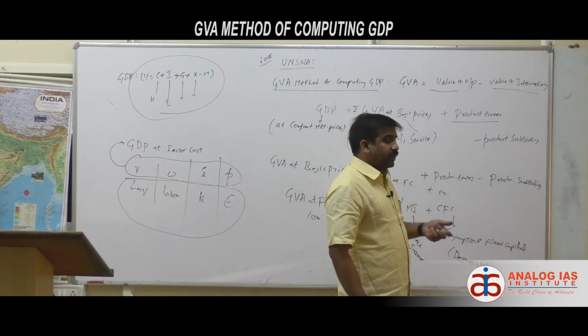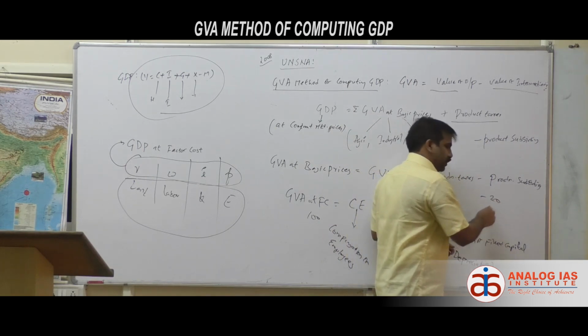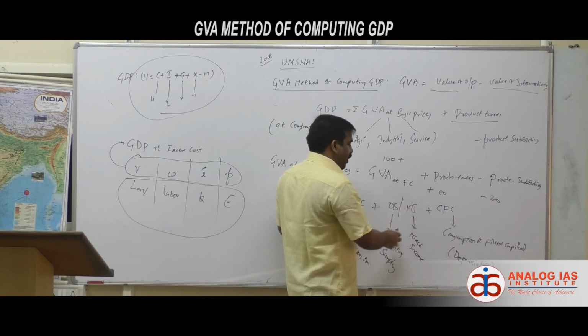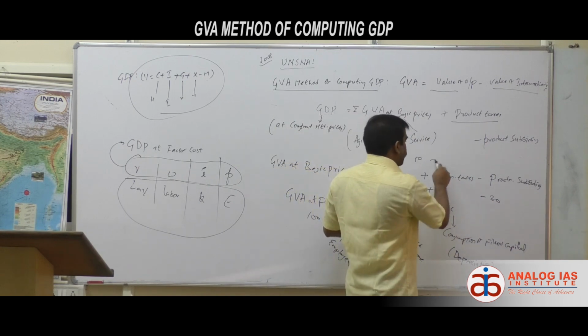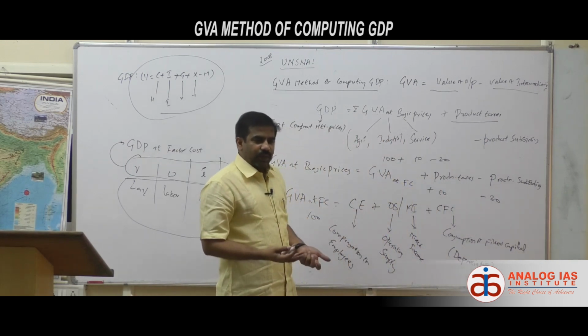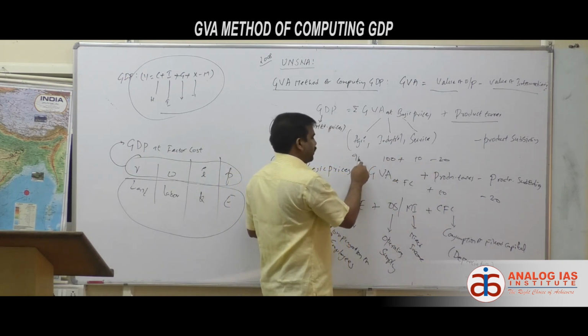But since I am in the business of producing petrol, the government might have helped me up to 20 rupees. So what really cost me is 100 rupees I spent on these people, 10 rupees tax paid and 20 rupees subsidy, isn't it? So what really cost to produce 1 liter is 110 minus 20, which is 90.